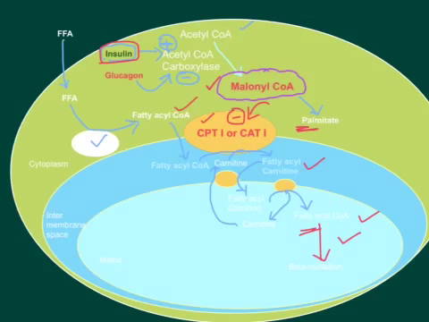Now let's see under fasting condition how this thing is reversed, or how the fatty acid oxidation is activated. Under fasting condition, as you all know, glucagon is increased, and this glucagon is going to have a negative effect on acetyl-CoA carboxylase. And because of this, the acetyl-CoA is not entirely converted into malonyl-CoA, so the concentration of malonyl-CoA decreases.